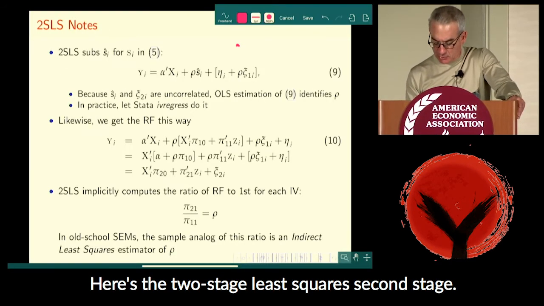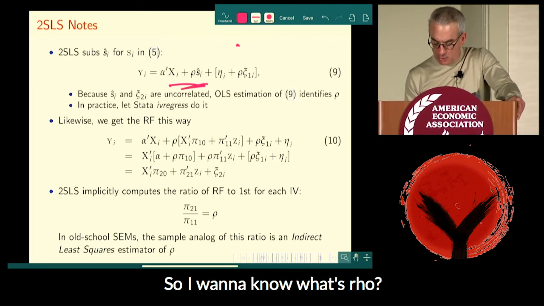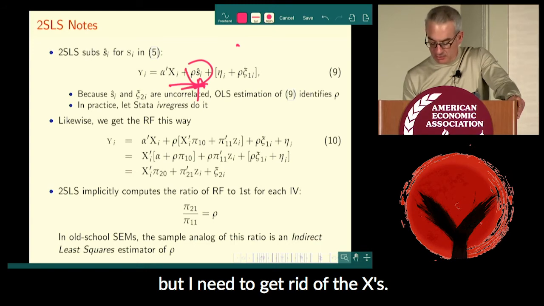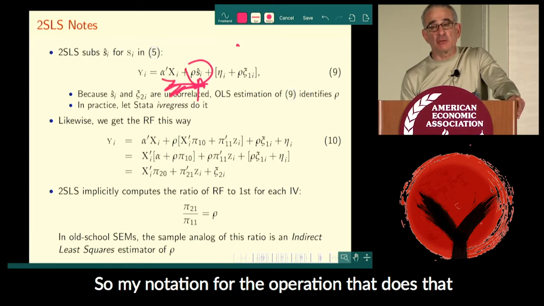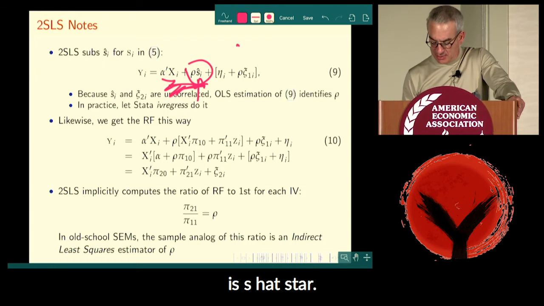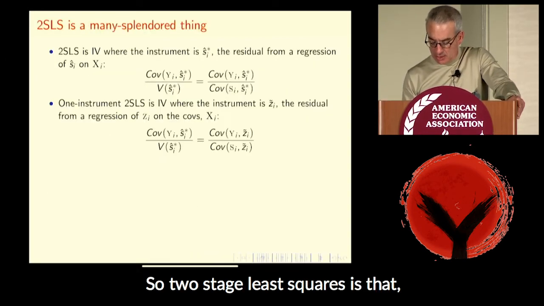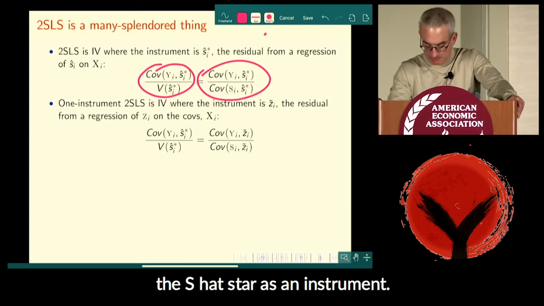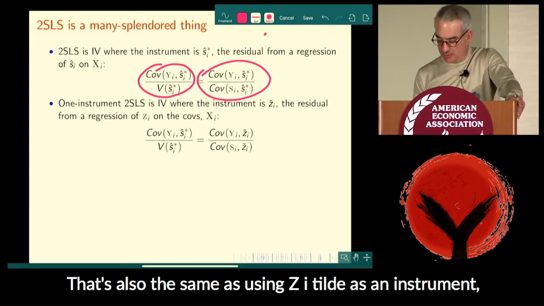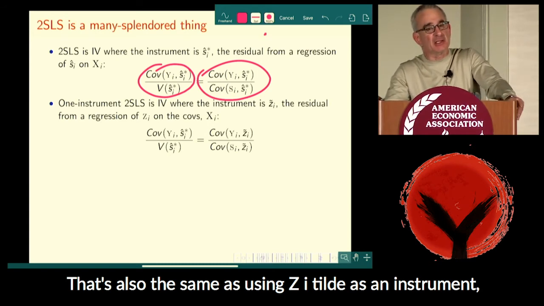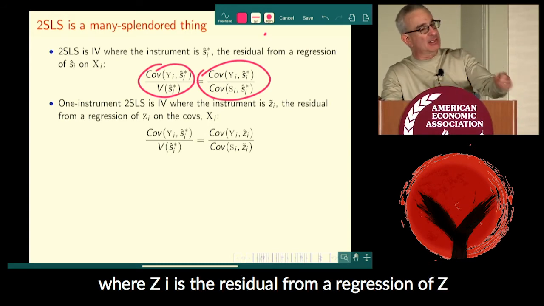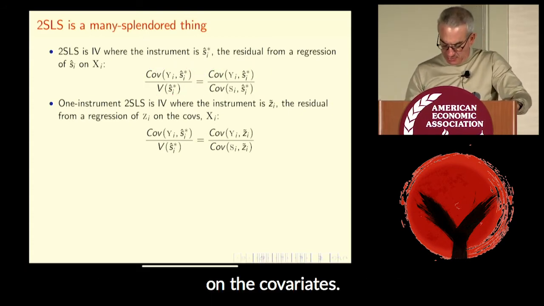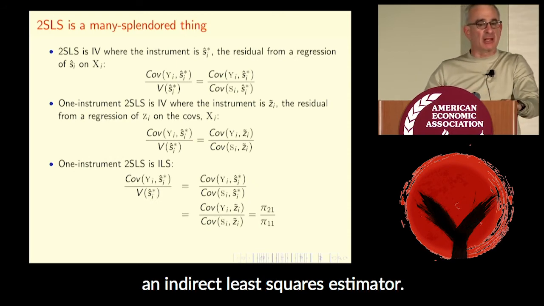Here's the two-stage least squares second stage. So I want to know what's rho. Well, it's the coefficient on s hat, but I need to get rid of the x's. So my notation for the operation that does that is s hat star. So two-stage least squares is that, but that's the same as using s hat star as an instrument. That's also the same as using z tilde as an instrument, where z tilde is the residual from a regression of z on the covariates. And it's also what's called an indirect least squares estimator.